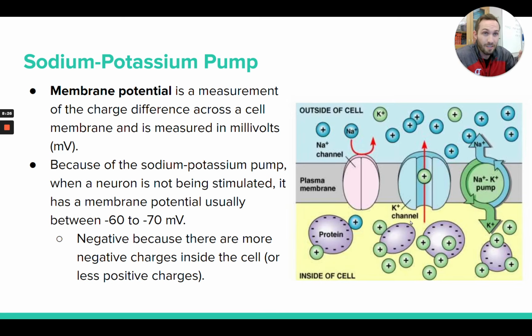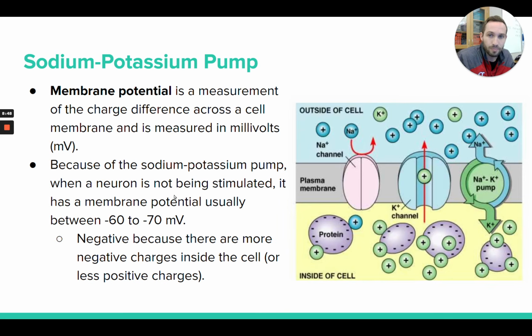That's literally the definition of a voltage: a charge difference, a separation of things that are differently charged. And that's exactly what's going on here with the sodium-potassium pump embedded in these cells. There's going to be a difference in charge, and we can measure that. When we measure that difference in charge, that's what we call the membrane potential.